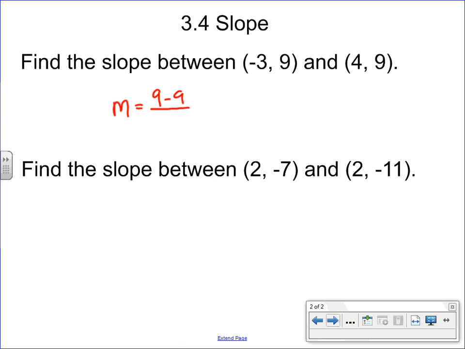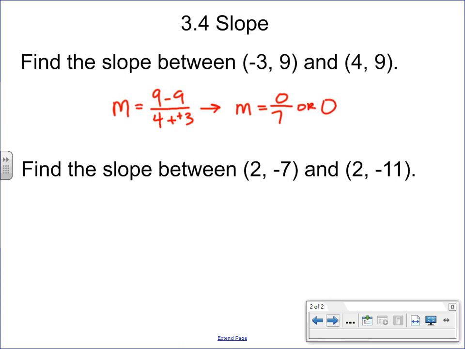And you might notice that this is a little special already because of the 9 minus 9. Then the bottom, my x2 is 4 minus my x1, which is -3. So when I simplify this, my slope ends up being 0 over 7. Okay, and 0 divided by 7 is 0.